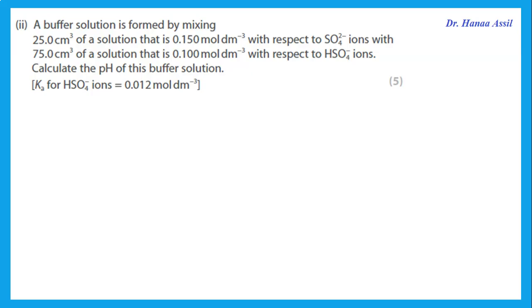For these kinds of questions, we need to get the concentration of sulfate ions in the mixture and the concentration of HSO4 minus in the overall mixture, and then we can use that to get the pH.